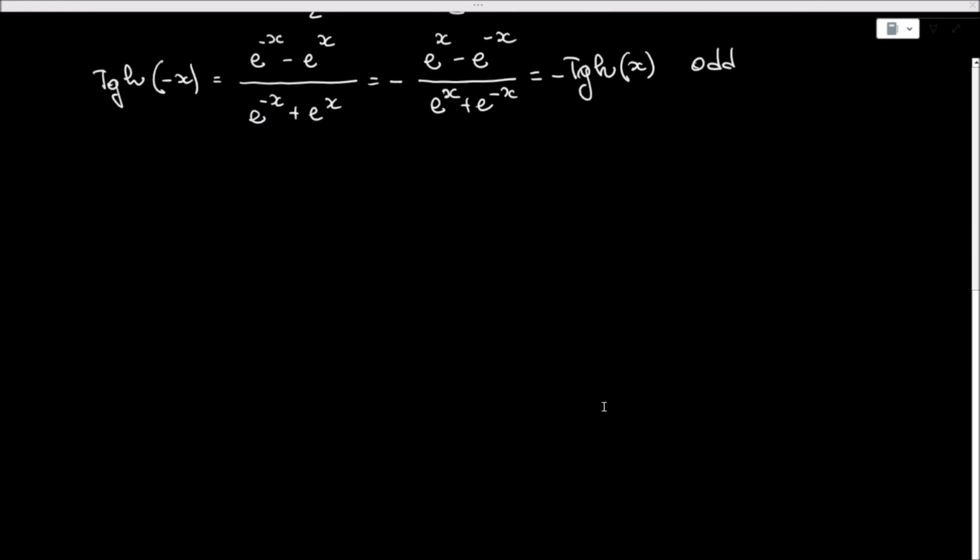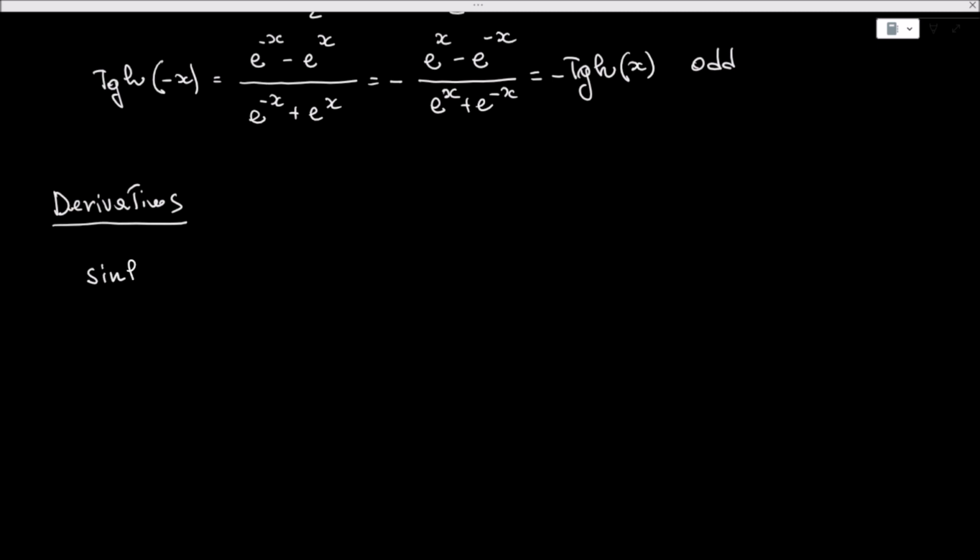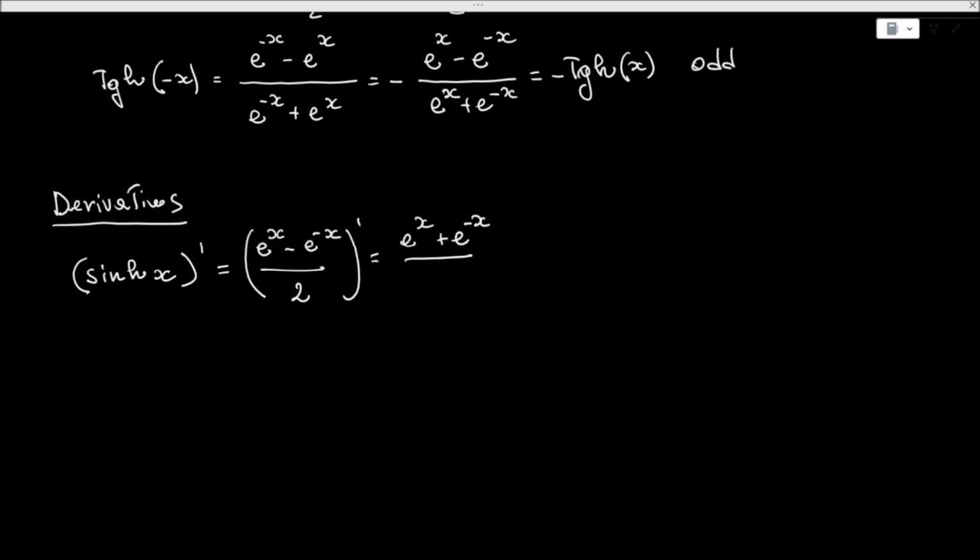Let's now pass to the derivatives. The derivative of the hyperbolic sine of x would be basically the derivative of e to the x minus e to the minus x divided by 2, which is easily calculated as e to the x plus e to the minus x divided by 2.